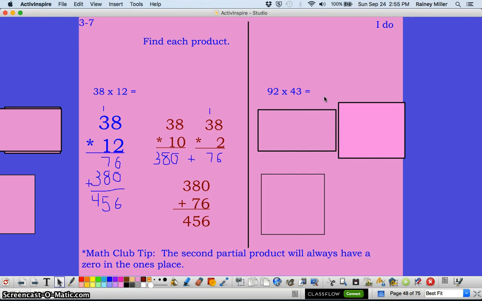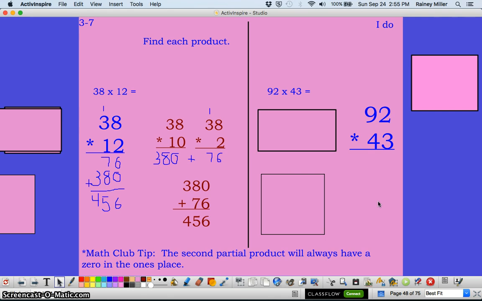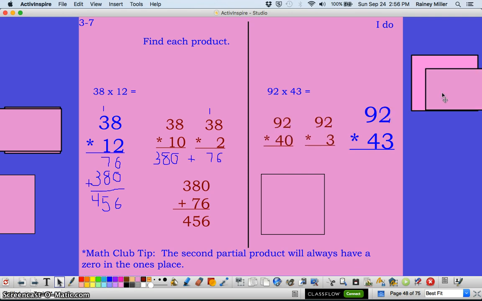So I take this horizontal problem and I put it into vertical form so it's easier for me to think about. I know that this 43 is made out of 40 and 3. So I can take 92 times 3 and 92 times 40 in order to get my answer.